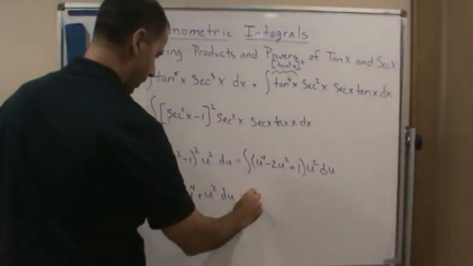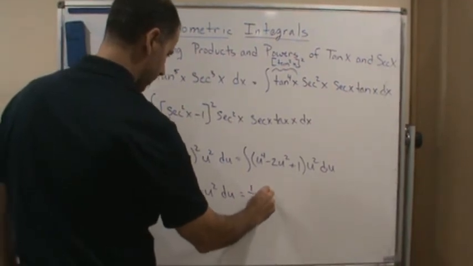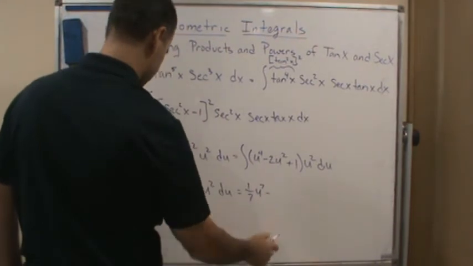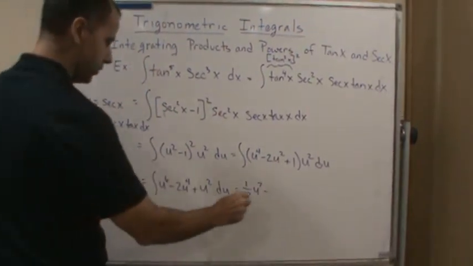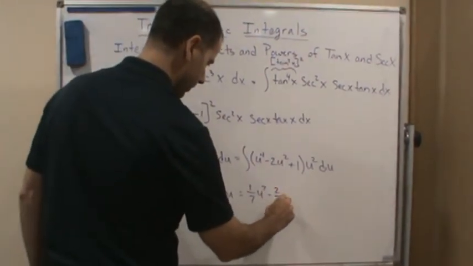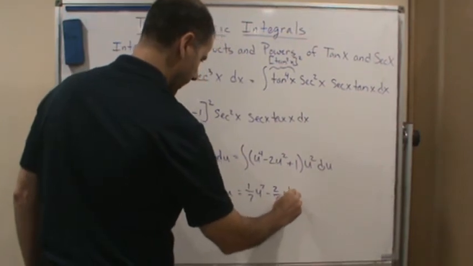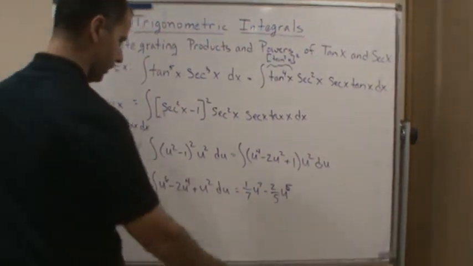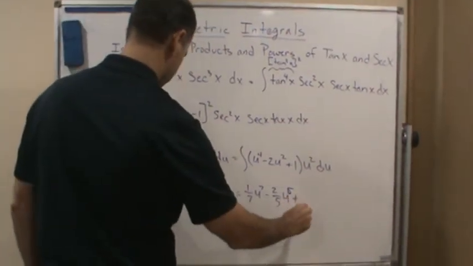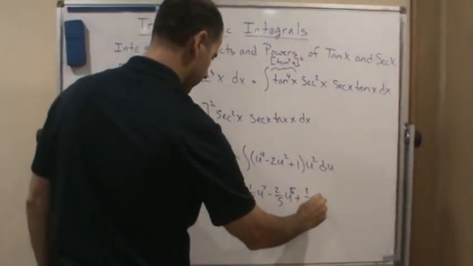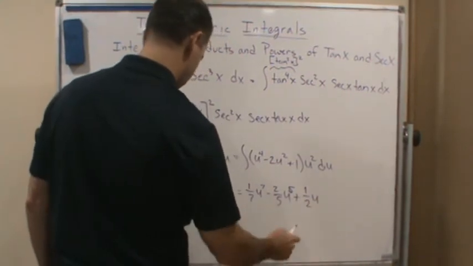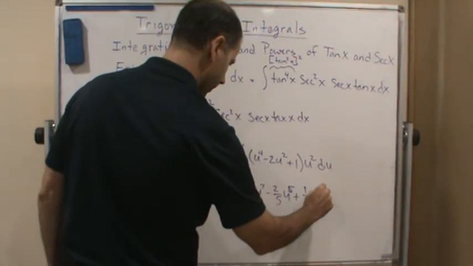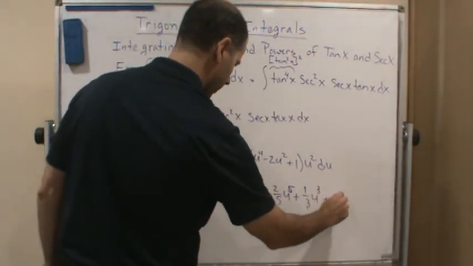So this is going to be 1/7 u to the seventh minus, in this case it's going to be 2/5 u to the fifth, and plus 1/2 u, oops, not 1/2, 1/3 u to the third plus c.